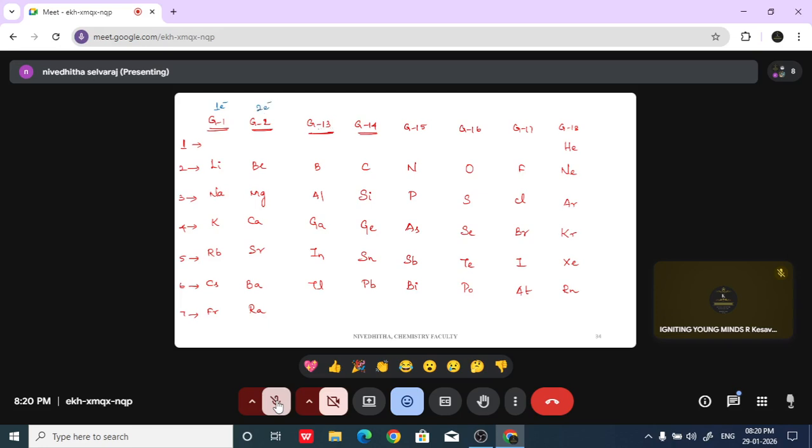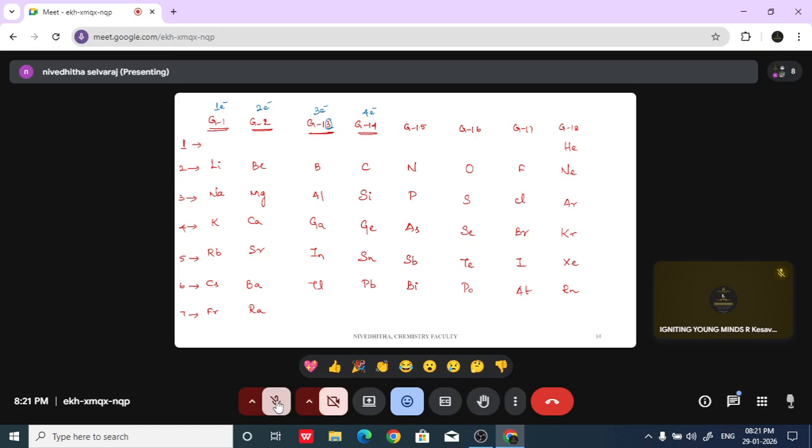As far as 13th group elements are concerned, you have to check the number in the one's place. 13. The number in the one's place is 3. So elements in the 13th group will have 3 electrons in their valence shell. So 14th group elements will have 4 electrons in their valence shell.